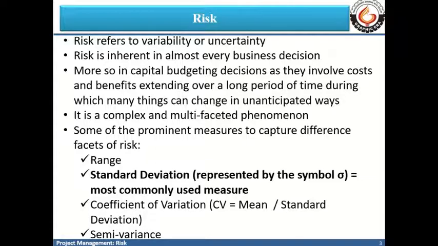We have another measure called the coefficient of variation, which is the ratio of standard deviation to mean, that is sigma divided by mu. Then there is another measure called semi-variance. We'll get a better understanding of all these measures in the subsequent slides through an example.